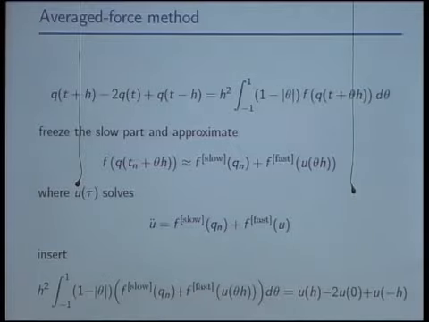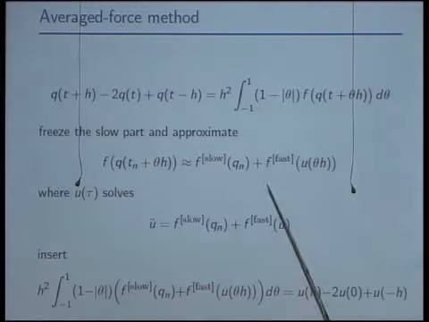And the approximation that we choose here is just to take the second order differential equation, where we use exactly this right-hand side given here. So instead of f of u, we make the splitting where we freeze the slow part.